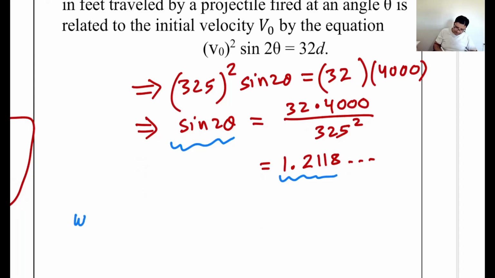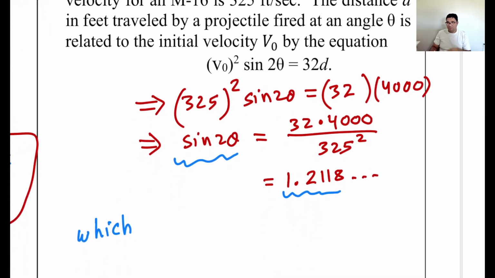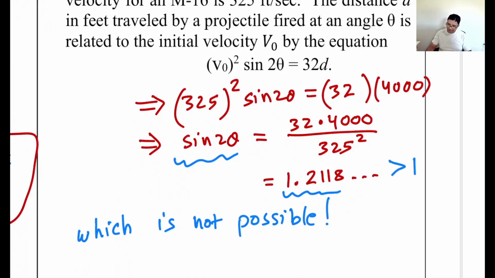So what you're saying is wrong because of this formula. And if I did fire the M16, it doesn't make sense because I get sine 2 theta more than 1.2, which cannot be the case. It's not possible. This is greater than 1. That's not possible.